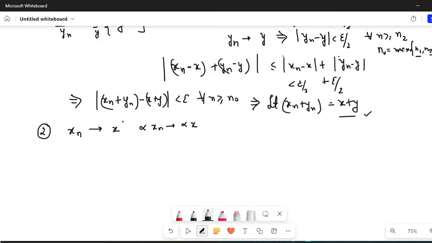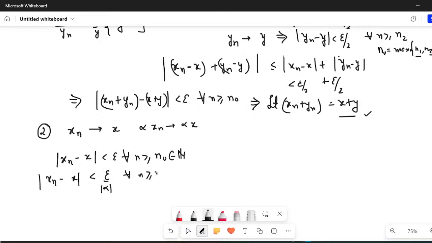If I'm saying that xn converges to x, it implies modulus of xn minus x can be made less than epsilon for all n greater than or equal to some natural number, let us say n0. Similarly, I can also say that modulus of xn minus x can be made less than epsilon by mod of alpha for all n greater than or equal to some n1 belonging to natural numbers.